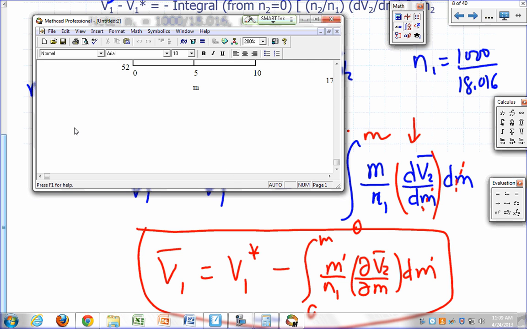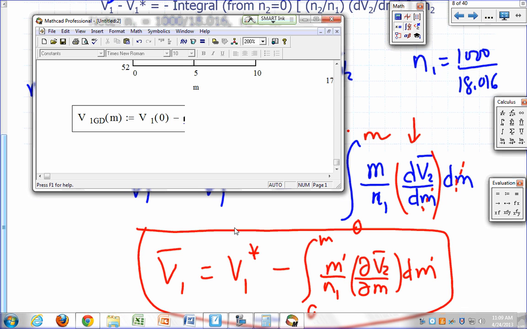So V1GD of M equals V1, the molar volume of water if it's pure, so that's when the molality is 0. So that's V1 at 0, right?